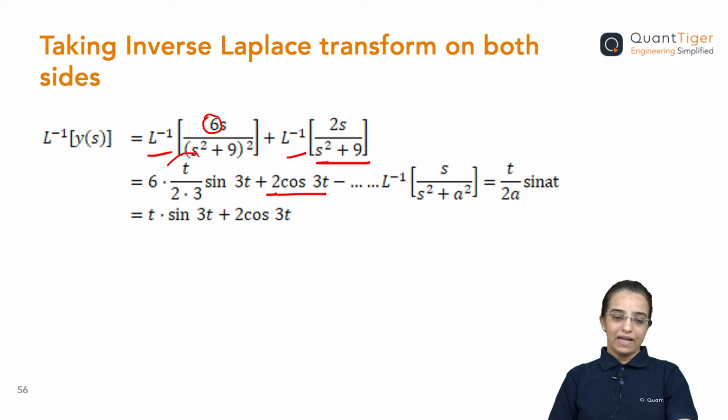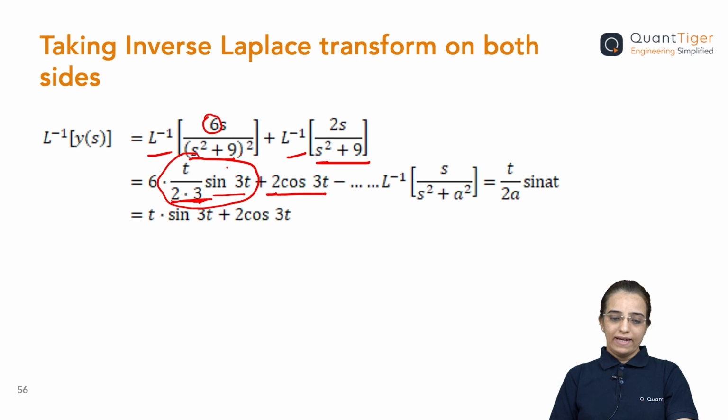और यहाँ पे हमने साइन लिखा हुआ है for this one, जहाँ पे a की वैल्यू जो है 3 है, so sin 3t लिया हुआ है, एंड जब भी साइन आता है तब हमें पता है कि ये 1 upon a, we have to write it, a की वैल्यू जो है वो है 3, so that we have taken it here, and since it's a t, ब्रैकेट का पूरा स्क्वायर है, that's why we are writing it t upon 2a, so that's the reason here t upon 2a आ चुका है.